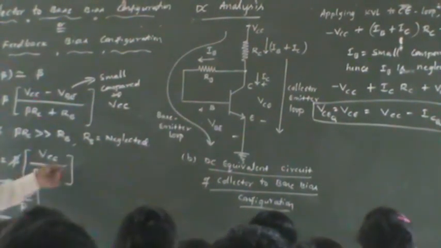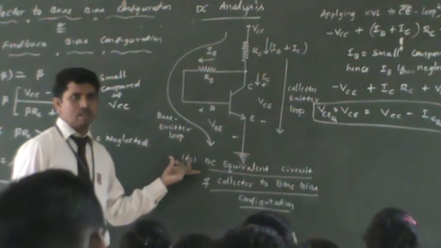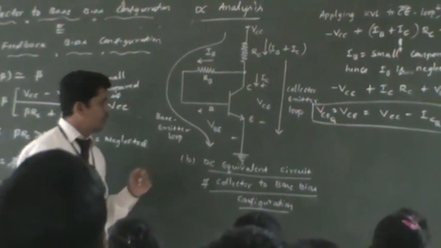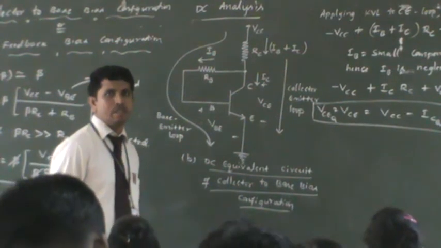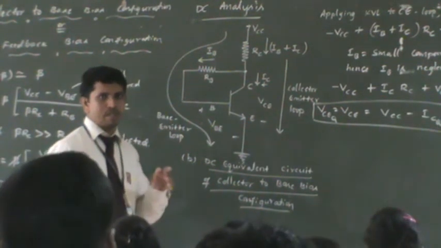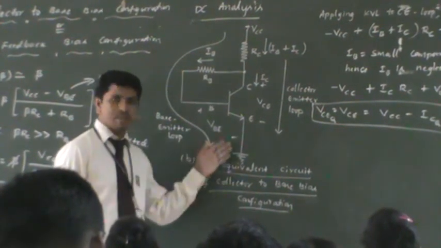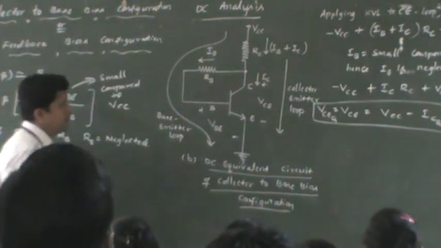The reason is that the load line analysis of this circuit is the same as the emitter bias calculation. We did load line analysis only for the fixed bias and emitter bias configurations. Apart from that, for the rest of the circuits, we cannot do the load line analysis.